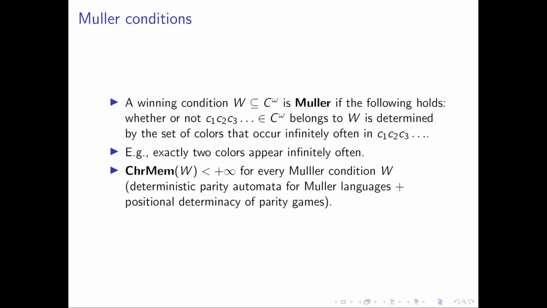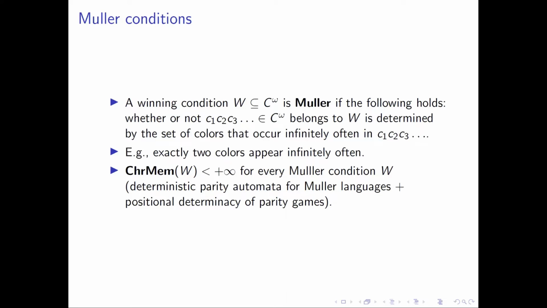For example, the following condition is Muller. Let's say you win if exactly two colors appear infinitely often in your sequence. And it is classical that chromatic memory of any Muller condition W is finite.